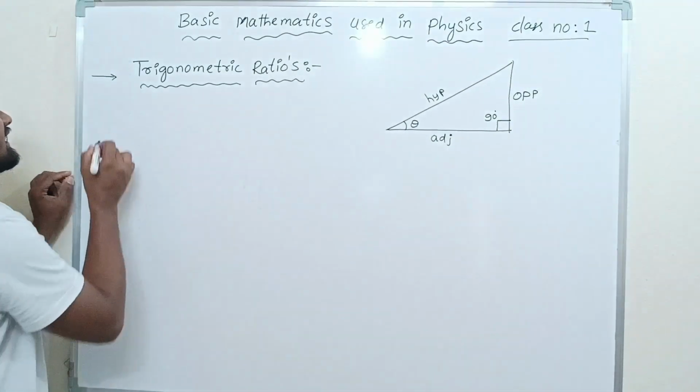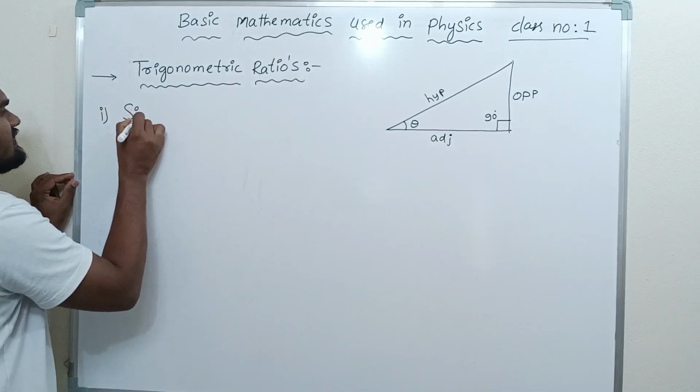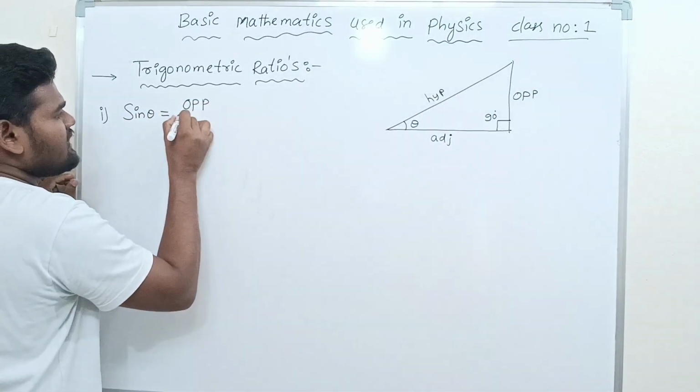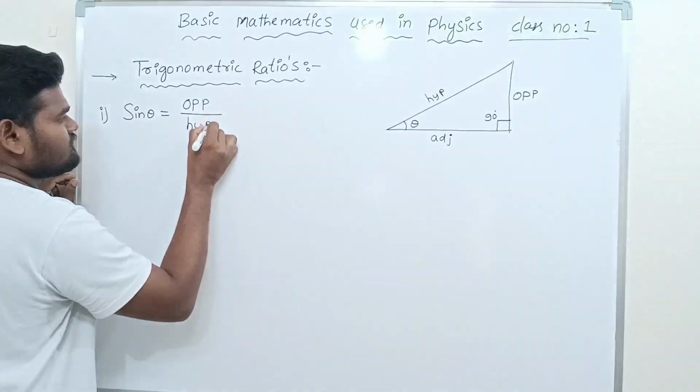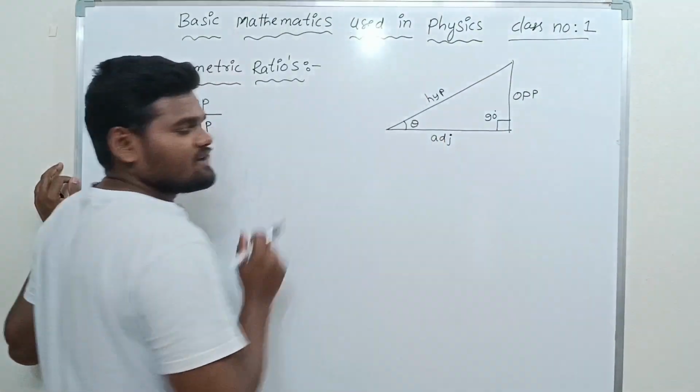From this right angle triangle, I am going to write the first trigonometric function, sine theta. What is sine theta? Sine theta is equal to opposite side by hypotenuse.